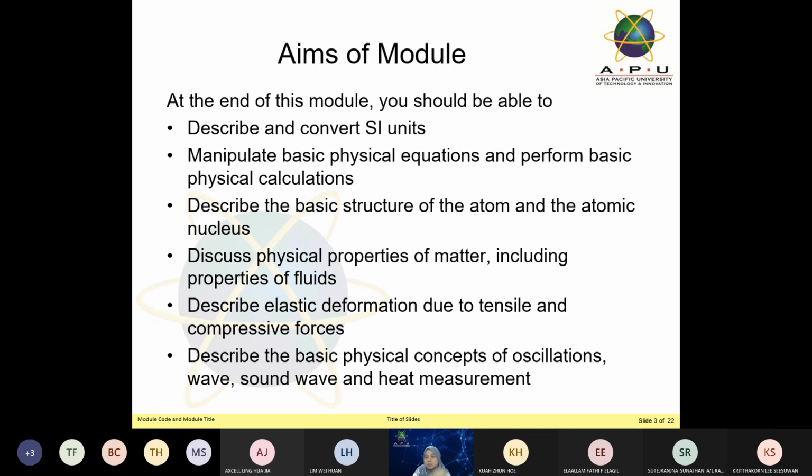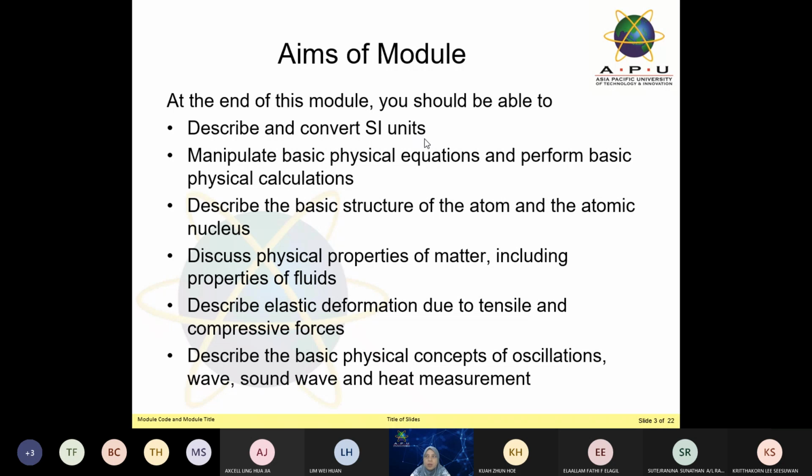So SI unit is the standard unit used by engineers, like kilogram, meter, and seconds. So for example, if you have a question in pounds, pounds we don't use. We must convert the pounds to kilogram in terms of weight. Also in grams, grams we must convert to kilogram also. So you need to convert by dividing by 1000. Okay. So SI unit is important.